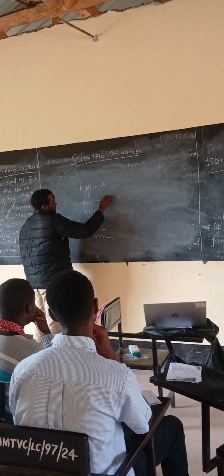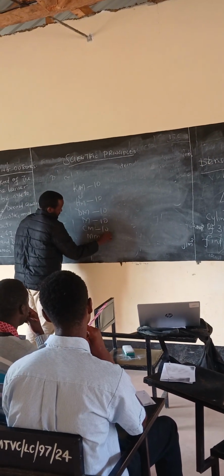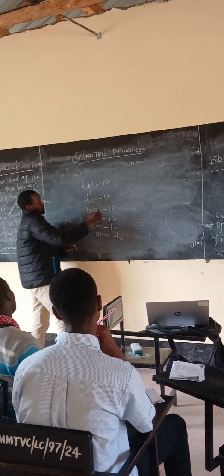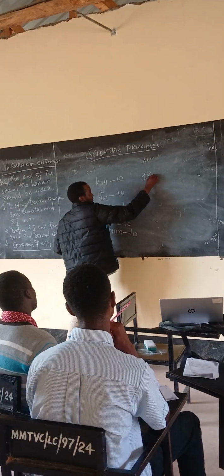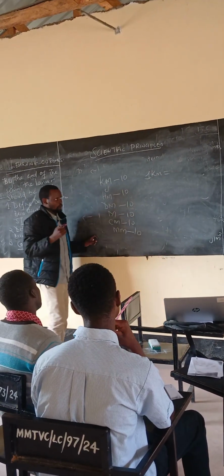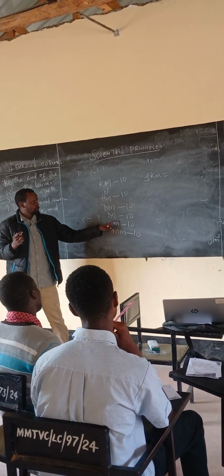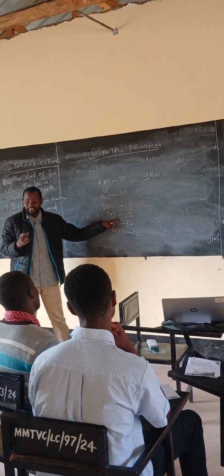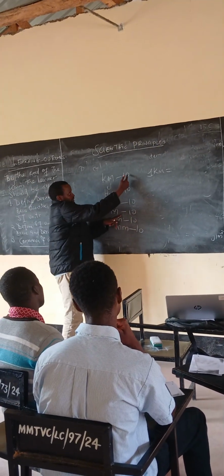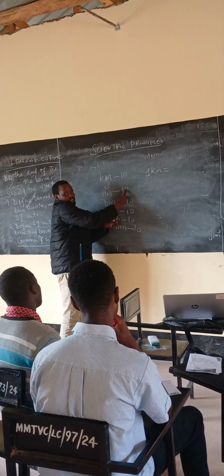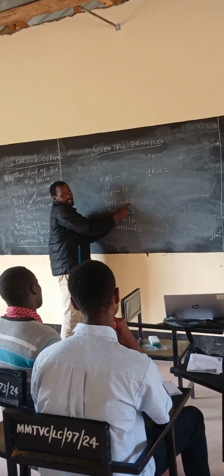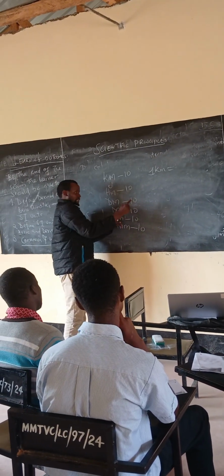This is 10, 10, 10, 10, 10, 10. Meaning 1 kilometer. How are you going to convert it to be in meters? You multiply by 10 each time, right? Times 10.